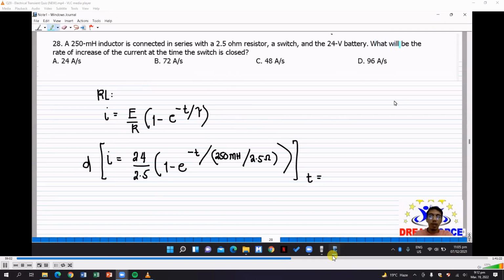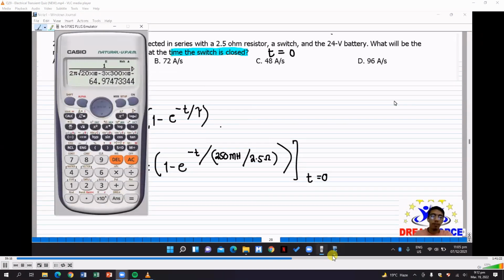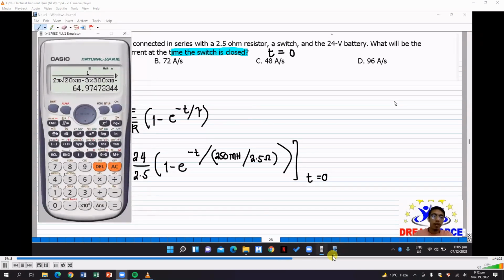Okay, balikan ko yung tanong. What will be the rate of increase of the current at time the switch is closed? Ibig sabihin, pagkapalo pa lang ng switch, your time T is equal to 0. Ayan, so derive natin yan.